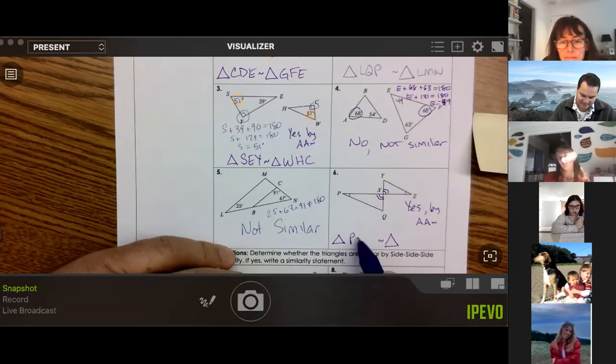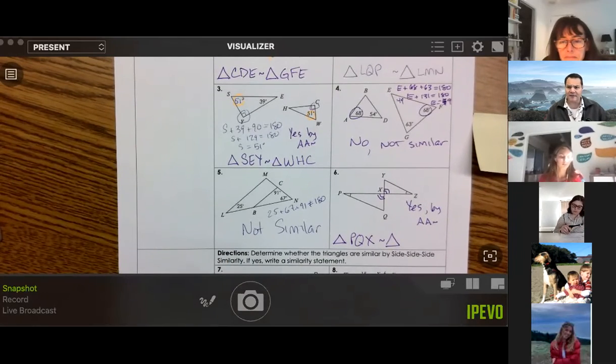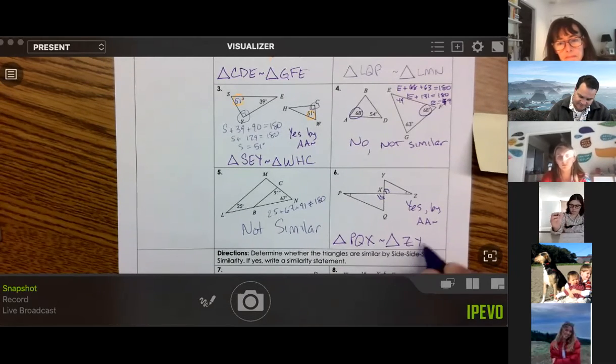PQX sounds great. But now that that's been done, someone's got to figure out what the matching piece is. Who's got it for me? I see him coming in. ZYX, very good.